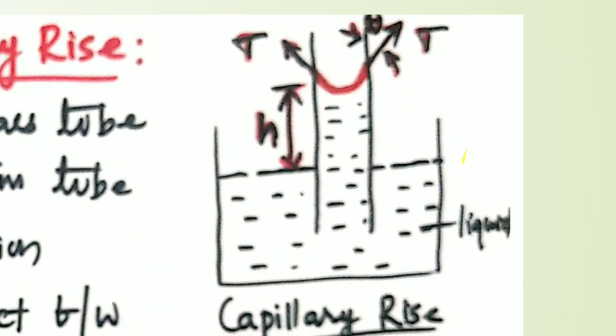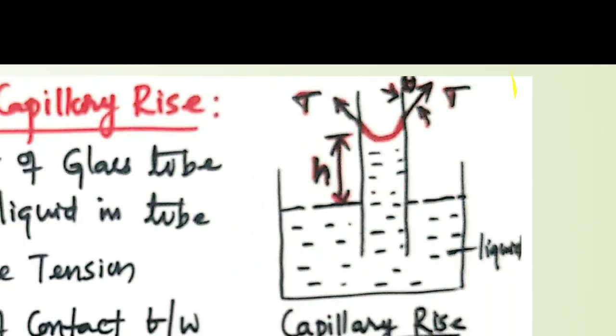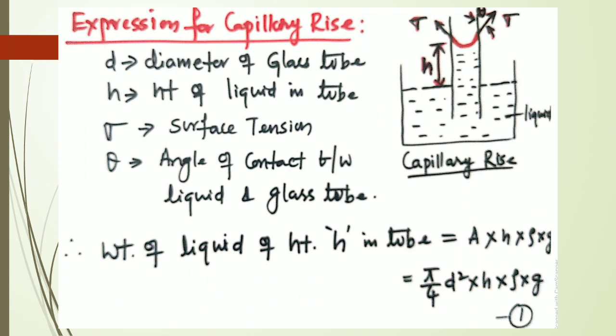If h is the height from the level of the liquid in the beaker to the fluid that has been raised in the vertical tube, and sigma is the surface tension, and theta is the angle between the liquid and the glass tube, and d is the diameter of the glass tube, then these are the parameters.